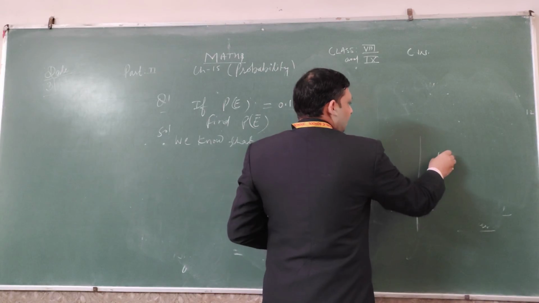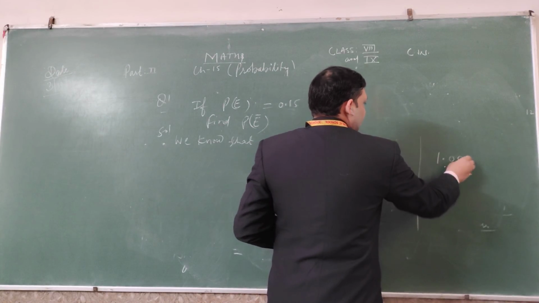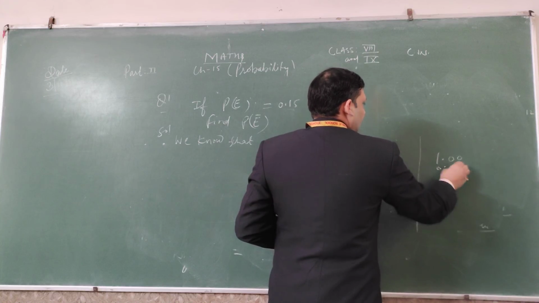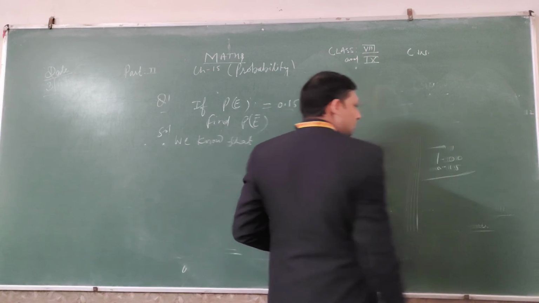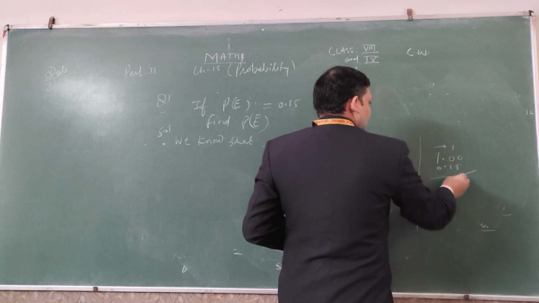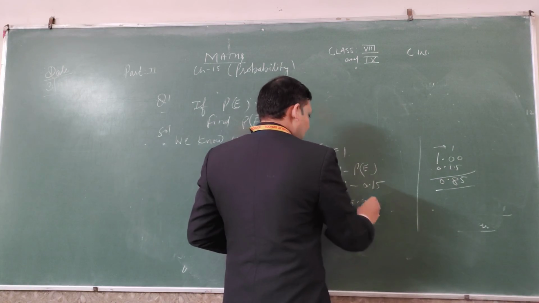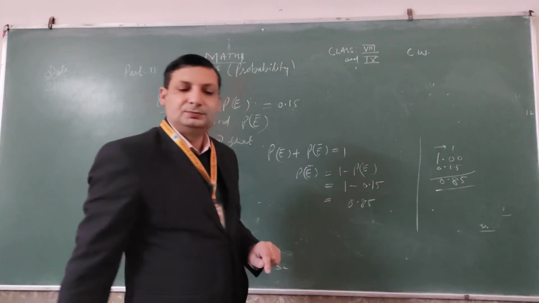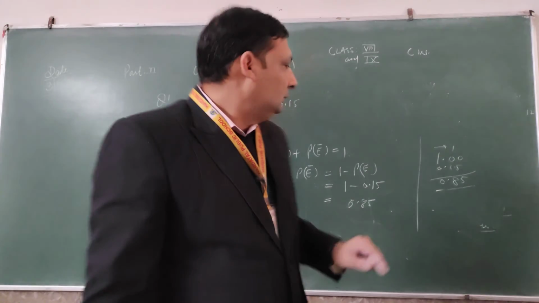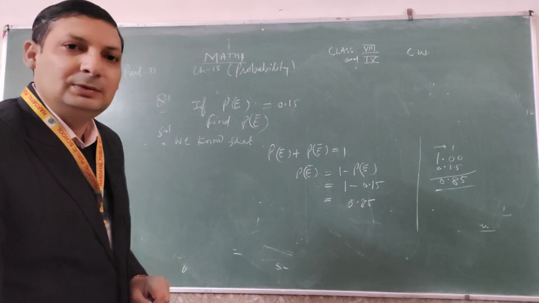After 1 we can use a decimal point. 0.15. We will take 1. 10 minus 5, 5. 9 minus 1, 8. 0.85. 0.85 is the probability of not an event, when we have given the probability of an event.